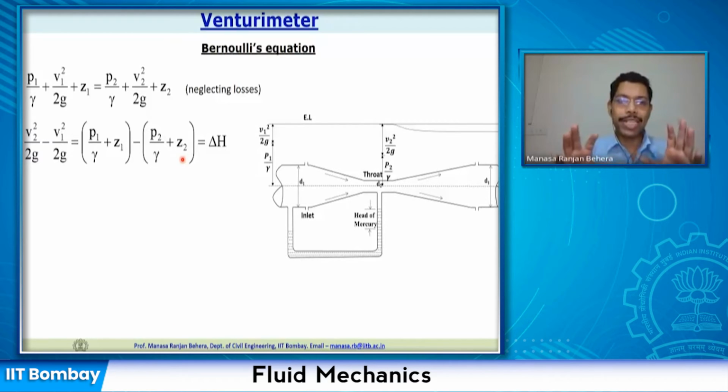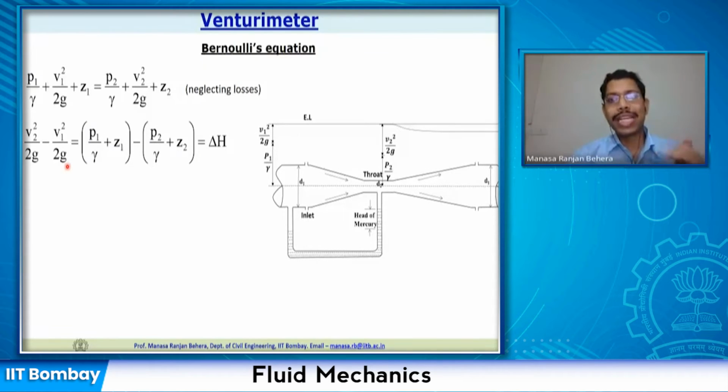If we take this difference, let us say this difference is delta H in terms of head difference. What we are writing here is the pressure head, velocity head and datum head. So here we are taking the pressure head and datum head at section 1 and section 2. This difference is, let us say, delta H, and that is nothing but equal to V2 square by 2g minus V1 square by 2g.